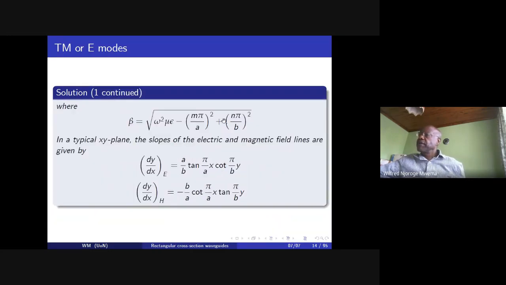So beta is given by that value, and in a typical xy plane, the slopes of the electric and magnetic field lines will be given by dy/dx for the electric field is (a/b) tan(πx/a) cot(πy/b), and dy/dx for the magnetic field is going to be given by -(b/a) cot(πx/a) tan(πy/b). Again, we can always rewrite them in the form that we saw before for the parallel plate guide, and then use integration.